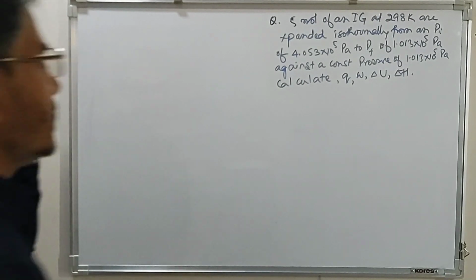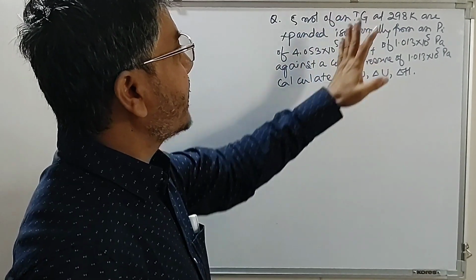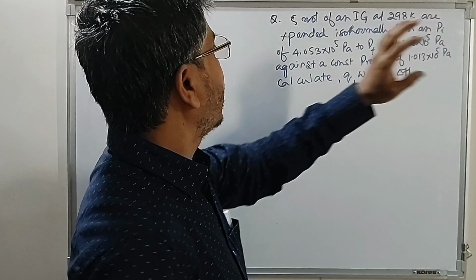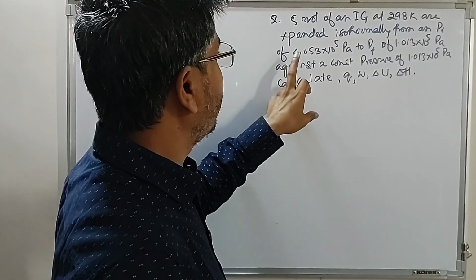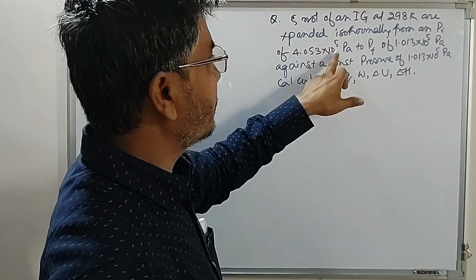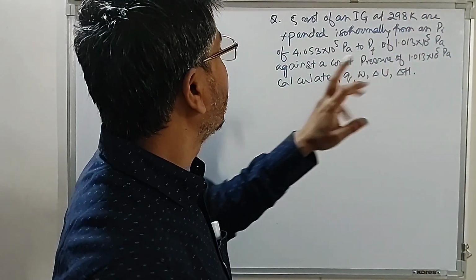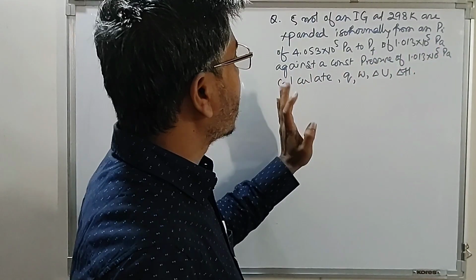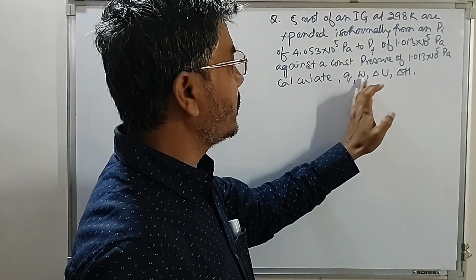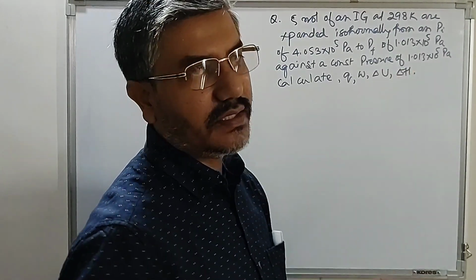So look at this question. 5 mole of an ideal gas at 298 K are expanded isothermally from an initial pressure of 4.053 into 10 to the power 5 Pascal to a final pressure against a constant external pressure of this value. Calculate Q, W, internal energy change and enthalpy.